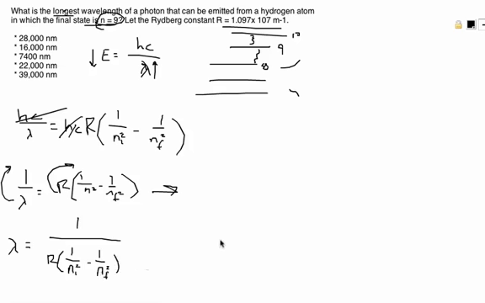Okay, so if we put some numbers in, let's do lambda from 8 to 9.